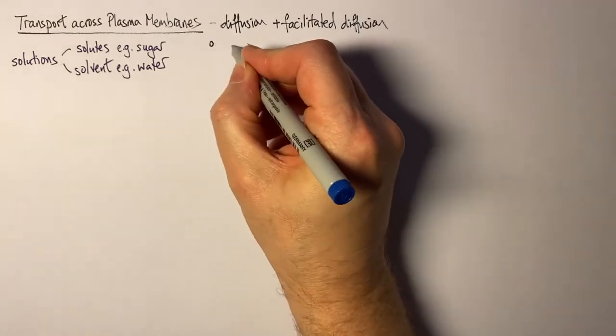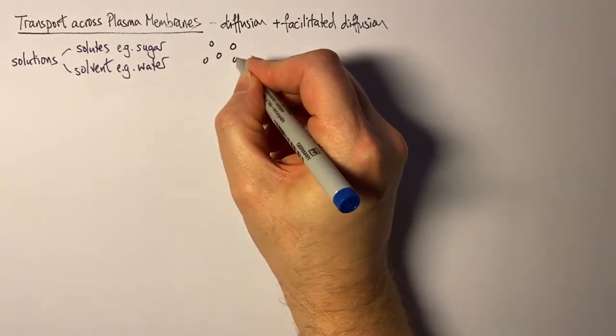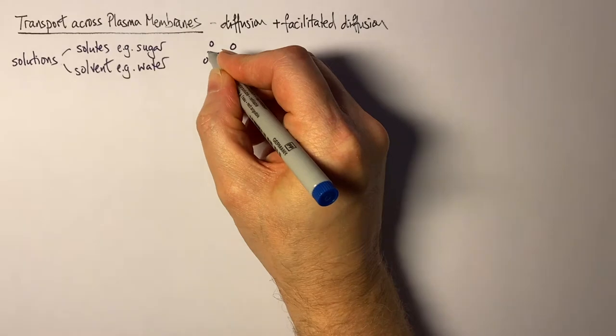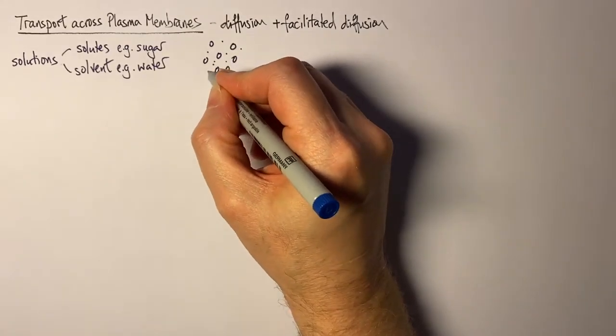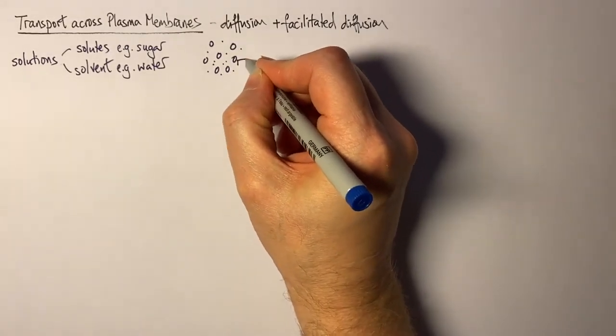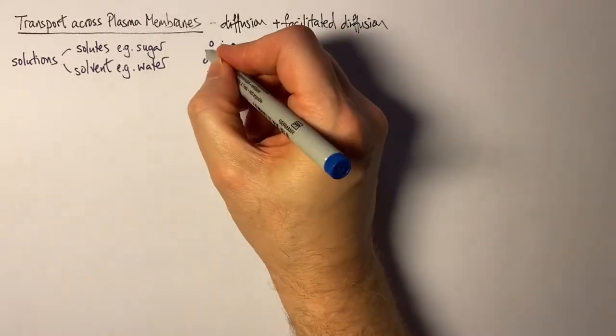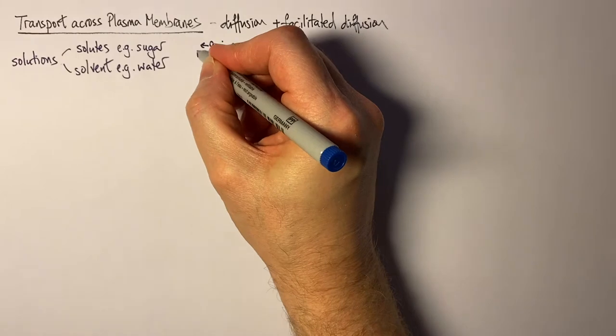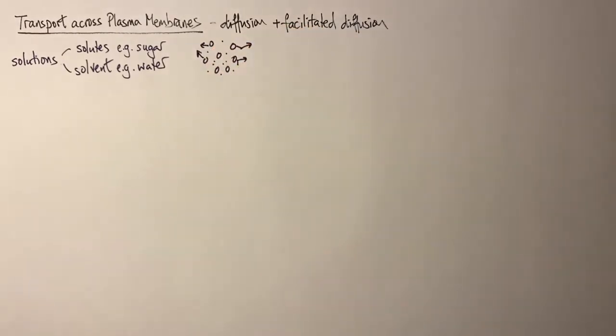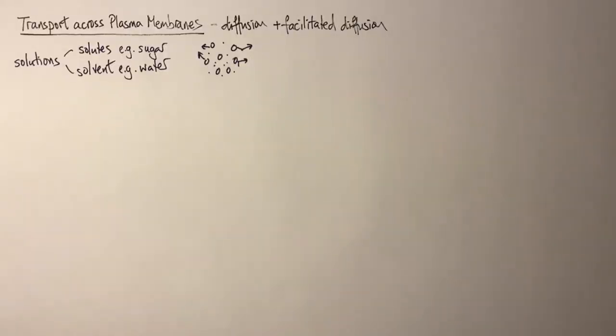So as these substances are moving around, they are bouncing off each other and colliding with each other, and slowly they would move apart. This is diffusion.